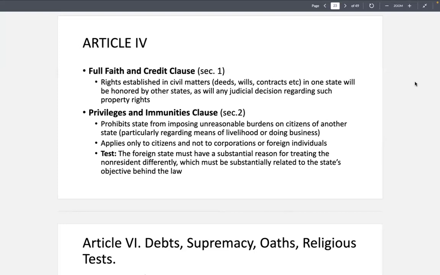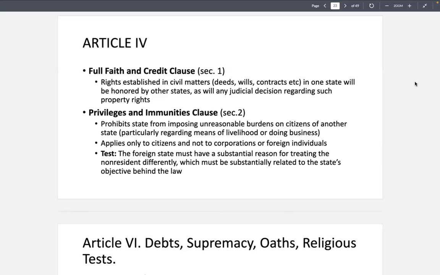So when we go to other states, Article 4, Section 2 protects us from having unreasonable burdens imposed on us by those other states, particularly with regard to our means of livelihood or doing business. So you basically can't give the businesses in your state so much preferential treatment that you are in violation of Article 4, Section 2, the Privileges and Immunities Clause. You can't impose unreasonable burdens on citizens, including out-of-state businesses, of another state.